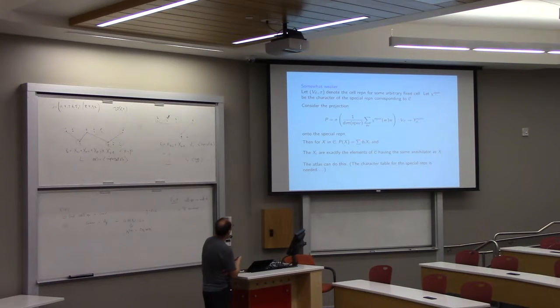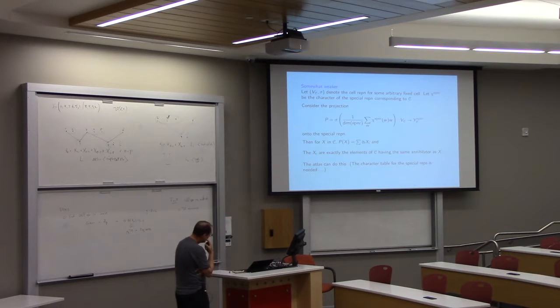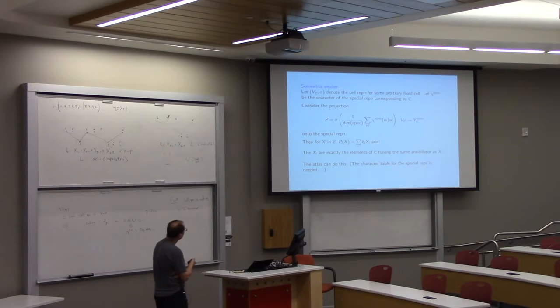What's required here is that you have to know what the special representation is, and that's on those tables; the Atlas has computed it. And so you know the coherent continuation representation, and you can compute this projection.